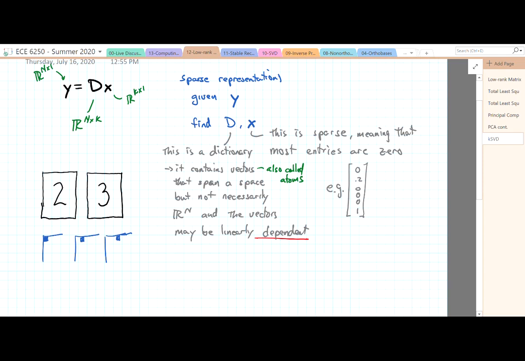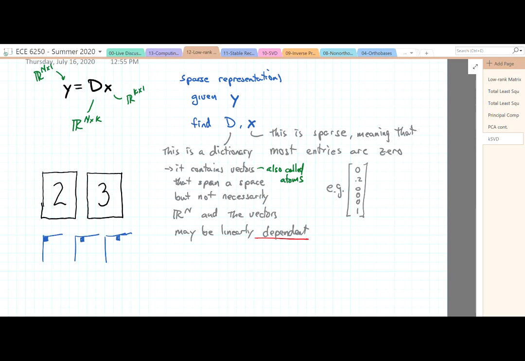Using that, we could create, of course, any number that we want. And in this case, we wouldn't use very many. We'd only use, for each number, those dictionary elements that corresponded to the actual digit itself and not the empty space around it.